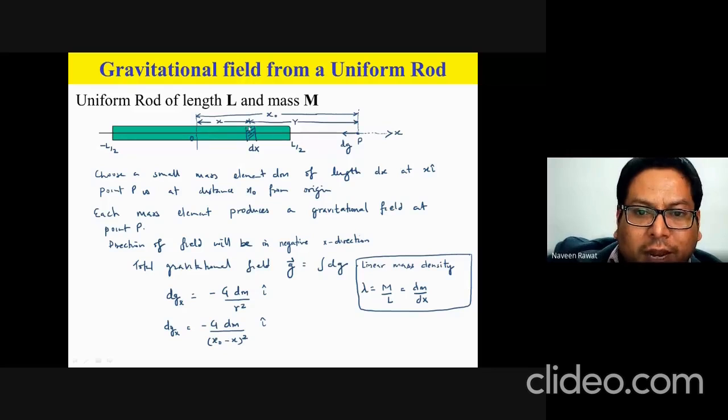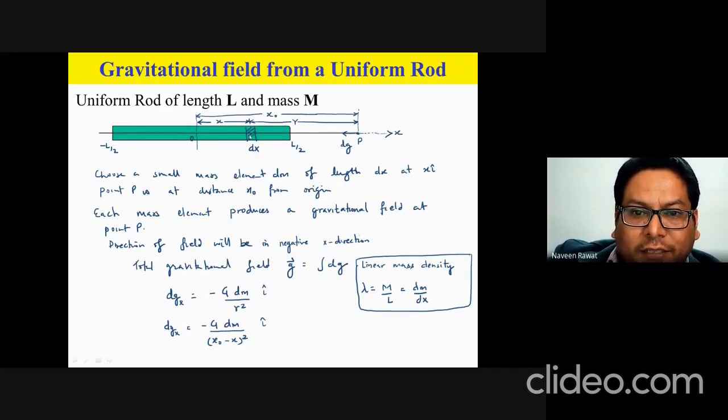Just like before, what we have to do is integrate over the mass. So instead of GM by r square, now we have G dm by r square, and this dm is this small mass. Now we will integrate this.